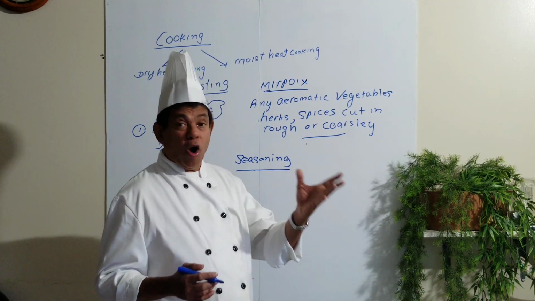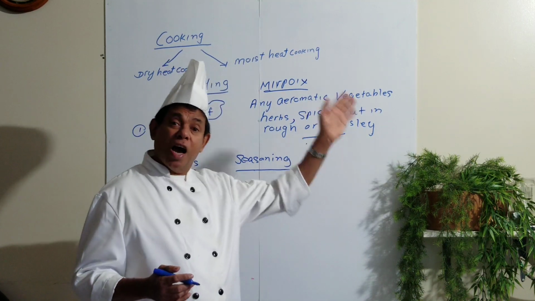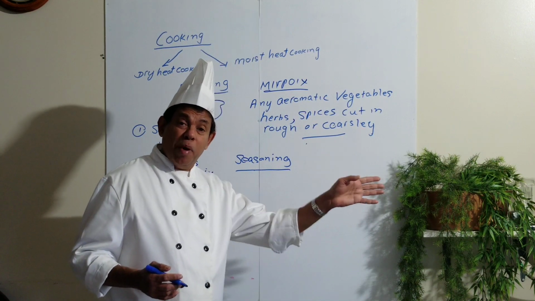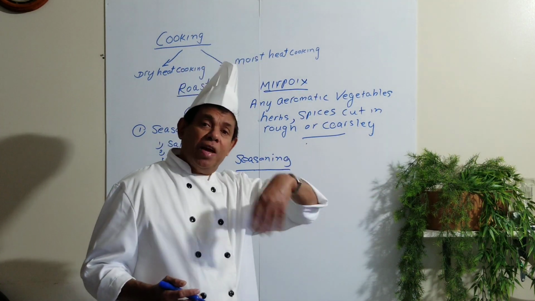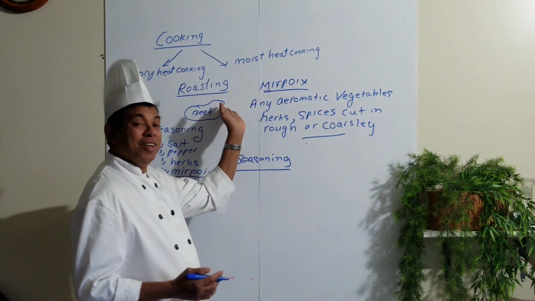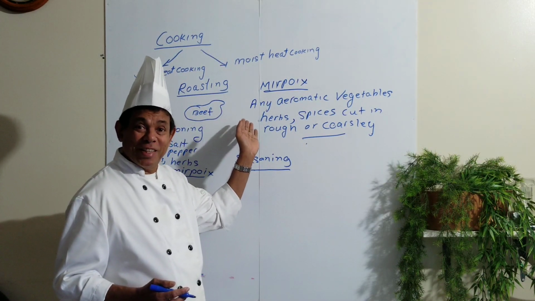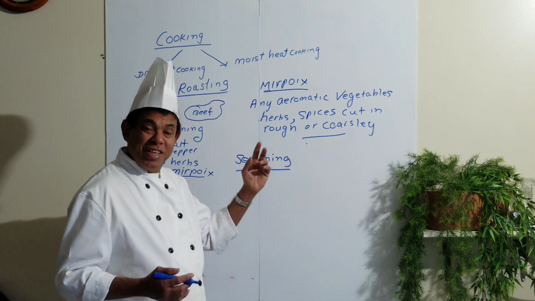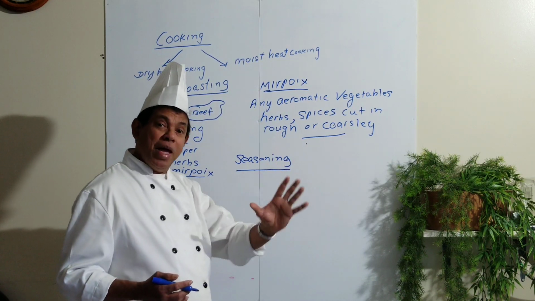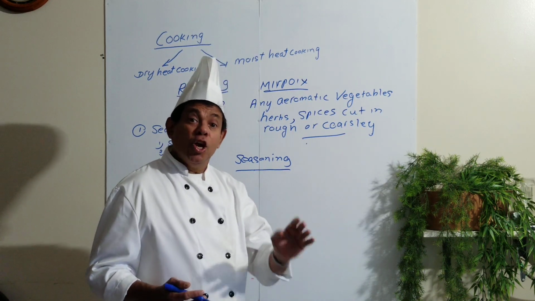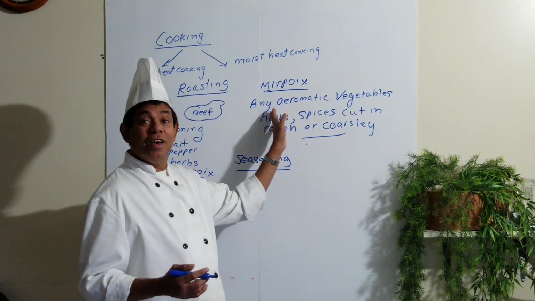Some people think, I'm going to add mirepoix. Mirepoix is onion, carrot and celery. If he puts too much onion, what will happen? The onion flavor comes to the food. That's not cooking. That's not seasoning. Seasoning is, without damaging its original flavor, adding seasoning to enhance the flavor.